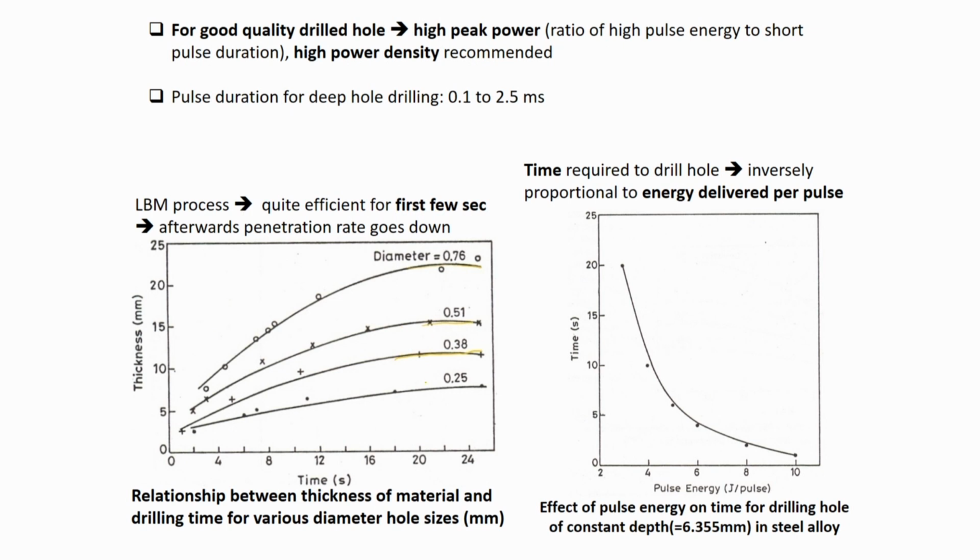So its efficiency reduces after some time. Initially the machining rate is very high, and the depth of the drilled holes increases with increasing time, but after that the machining rate efficiency reduces.